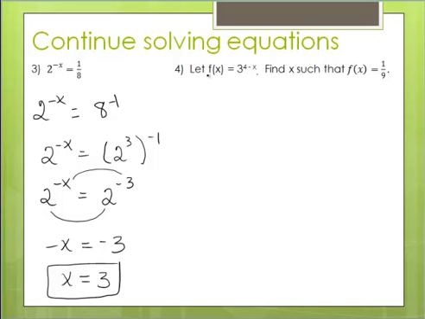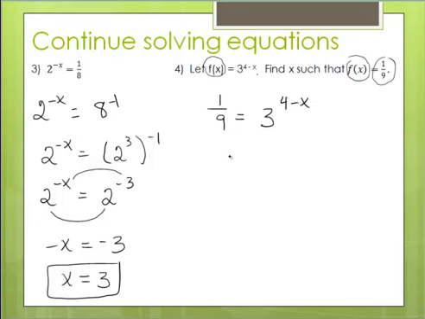Let's try number 4. Let f of x equals 3 to the 4 minus x, and find x such that f of x equals 1/9. So they're telling us that instead of f of x, we want to put in a 1/9. So a 1/9 goes right there. 1/9 equals 3 to the 4 minus x.